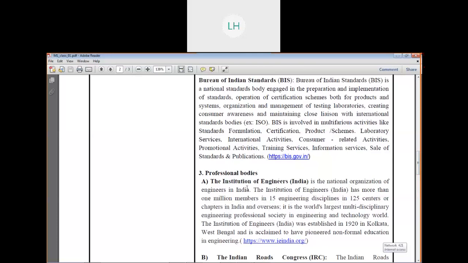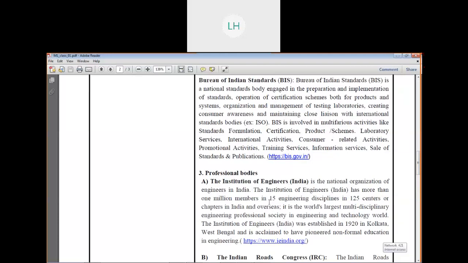That means this organization consists of professional engineers of different sectors, like civil engineers, computer science engineers, developers, architects, mechanical engineers, all associated with this institution.